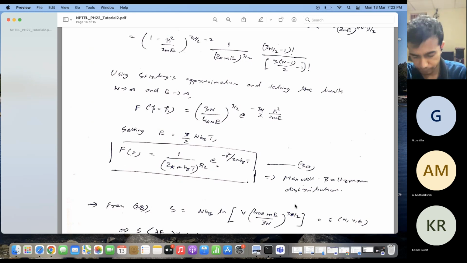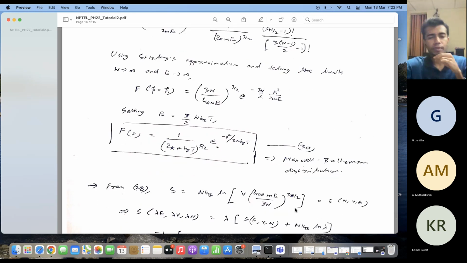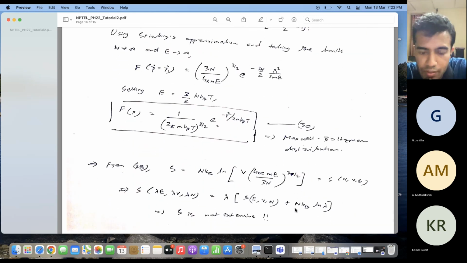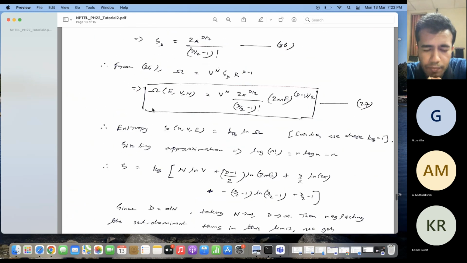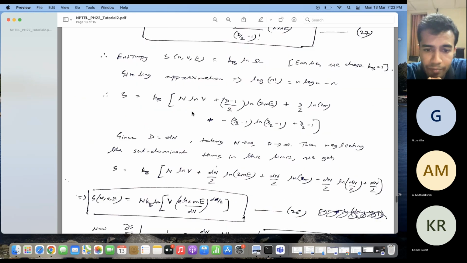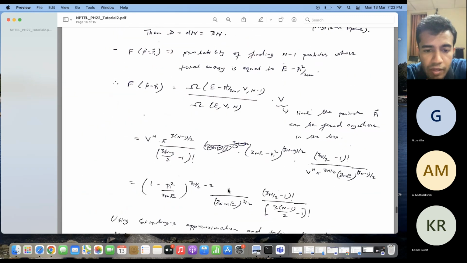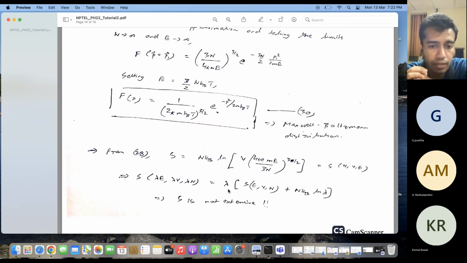Now here is a catch, which I had paused before and told you earlier to check whether everything is all right or not. So I have calculated this number of microstates over here, and from this I had obtained an entropy which looked like this. Now I know that the entropy is an extensive quantity. Okay, so that means that if I scale E by lambda E, V by lambda V, and N by lambda N, then S should become lambda S, right?